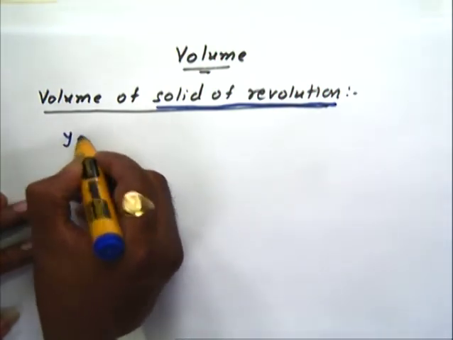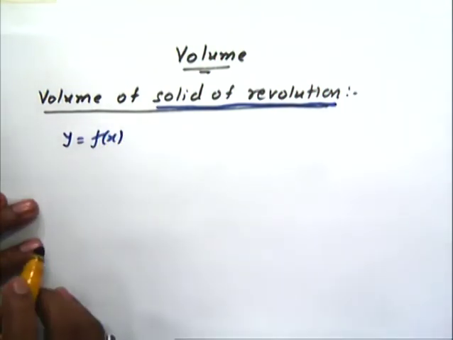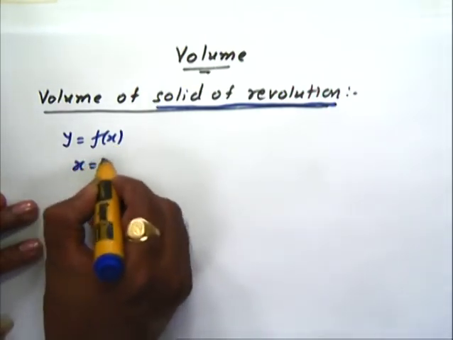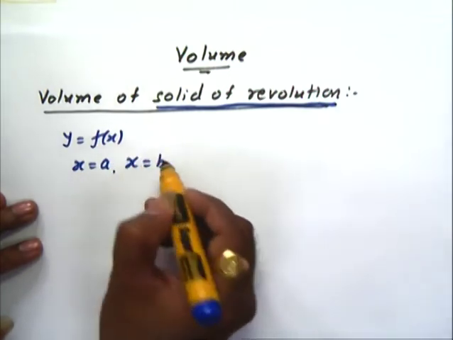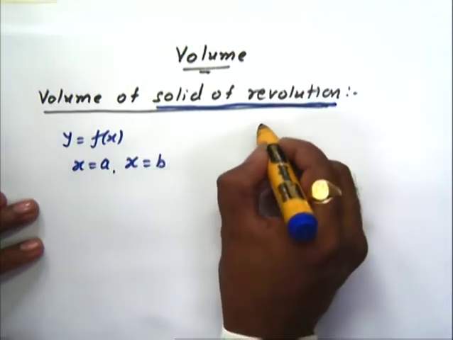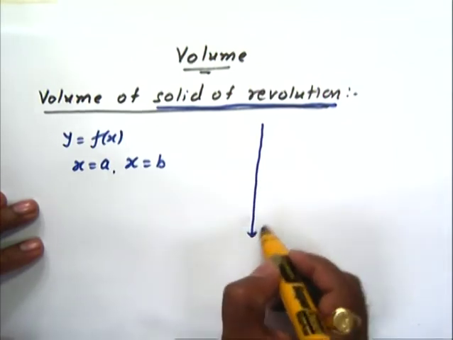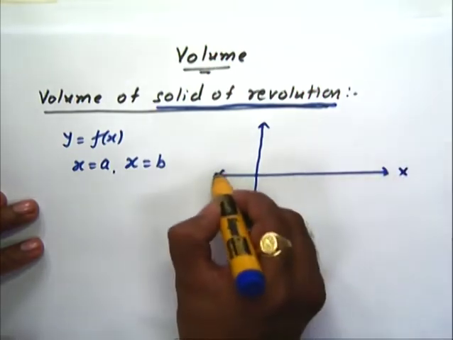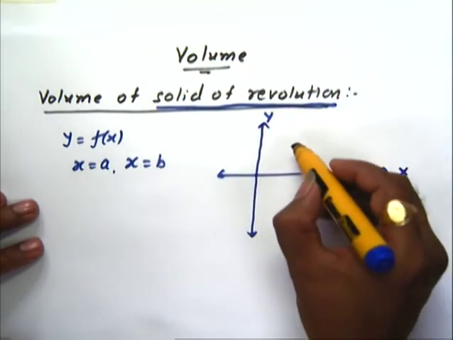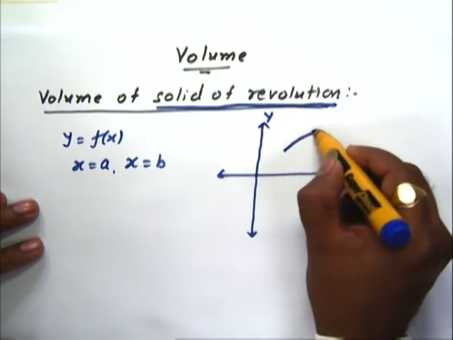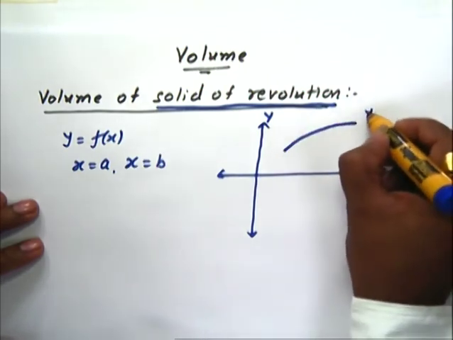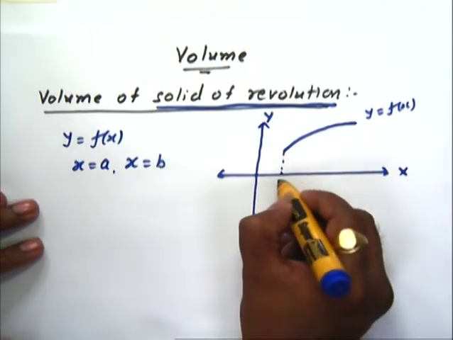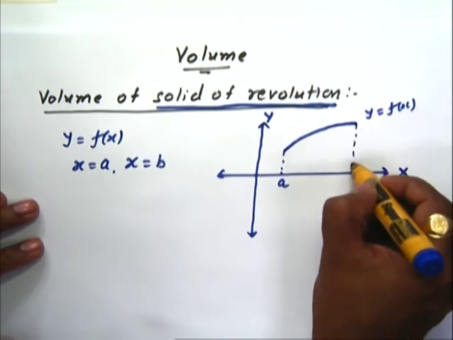Let y equal to f(x) be any function between x equal to a and x equal to b. Okay. This is our x-axis, this is our y-axis, and this is function y equal to f(x) between a and b.